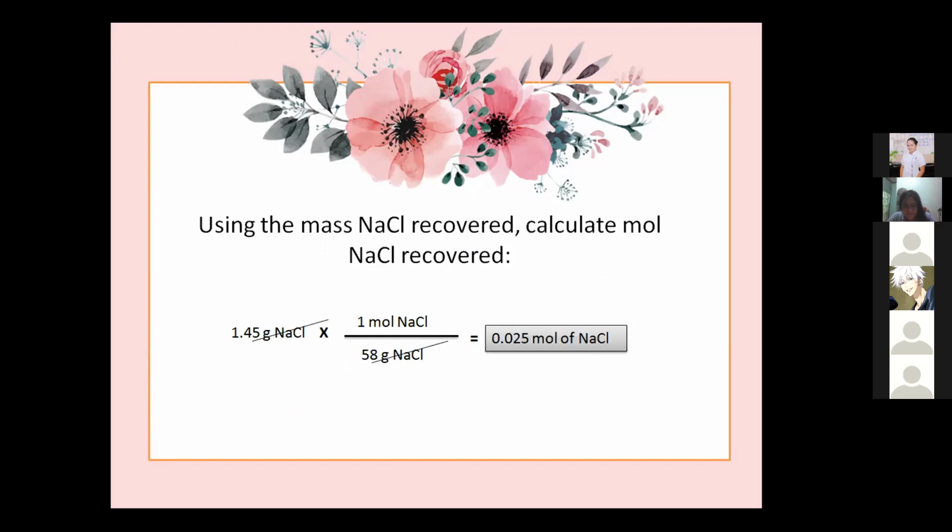This is for our percentage yield. The weight of the NaCl recovered, we multiply by 1 mole of NaCl and divide by the molecular weight of NaCl. So the moles of NaCl we get is 0.0225 moles.